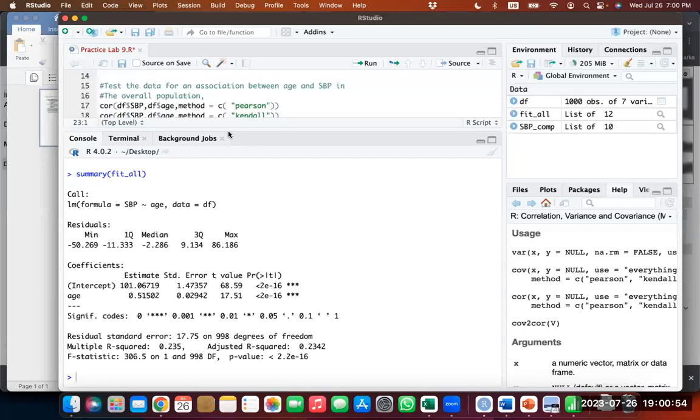The median denotes 50% of the data. The first quartile would be min to Q1, Q1 to Q2 would be the second quartile, the median, Q2 to Q3 would be the third quartile, and Q3 to max would be the fourth quartile.